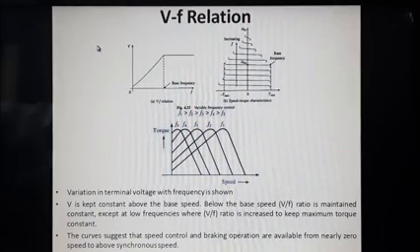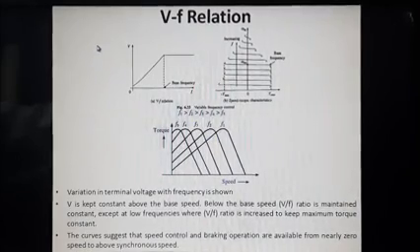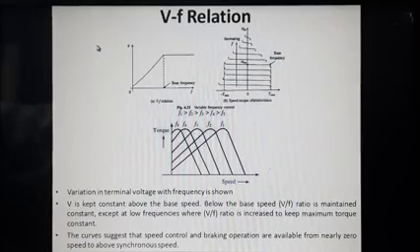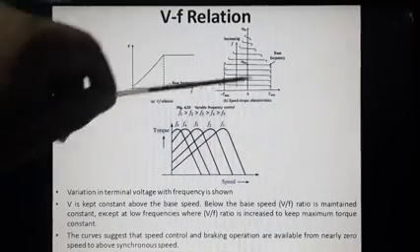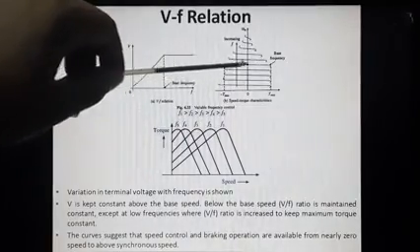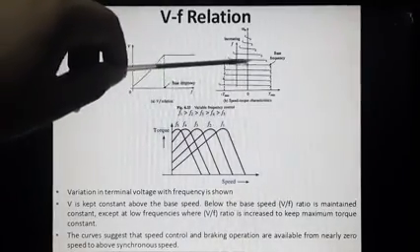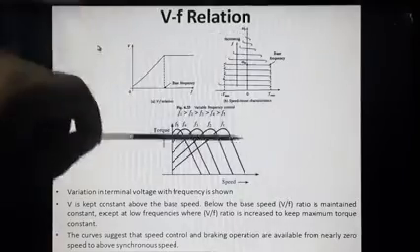That is, when you are trying to increase the frequency above the base frequency, the V by F ratio will be getting decreased, because V is maintained as a constant value. So definitely the value of Tmax also will get reduced, both in motoring region as well as braking region. That's why above the base frequency or above the base speed, the graph is showing such a behavior.